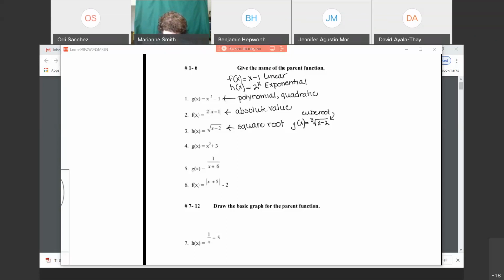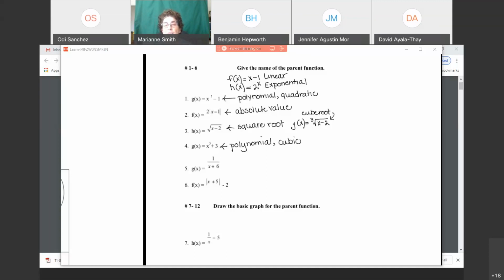How about g of x, number 4? What kind of function is that? It's cubic. Its general family is polynomial, and its specific family branch is cubic. So the quadratic function in number 1 is part of the polynomial family.